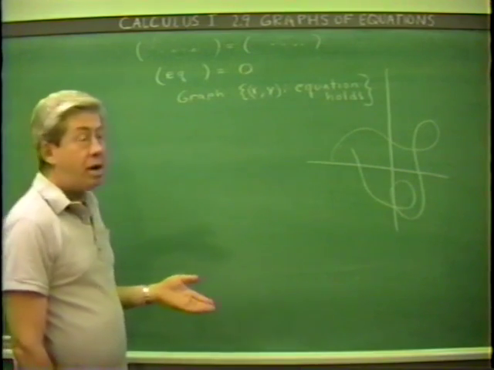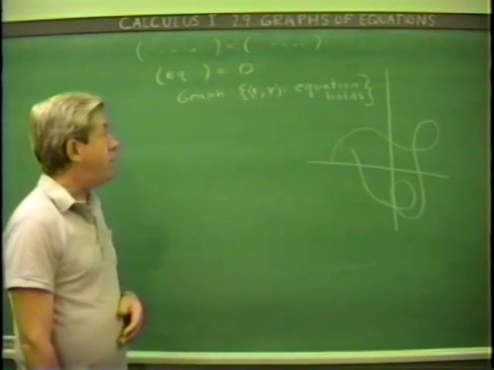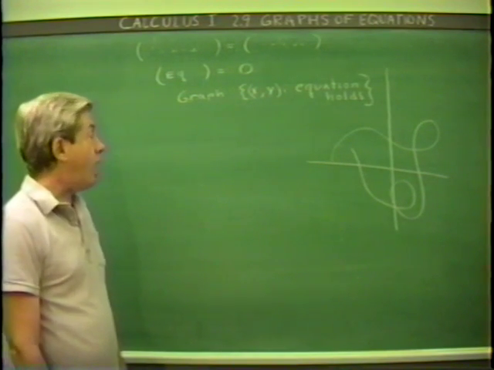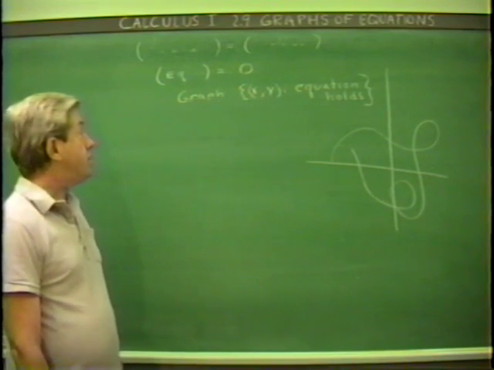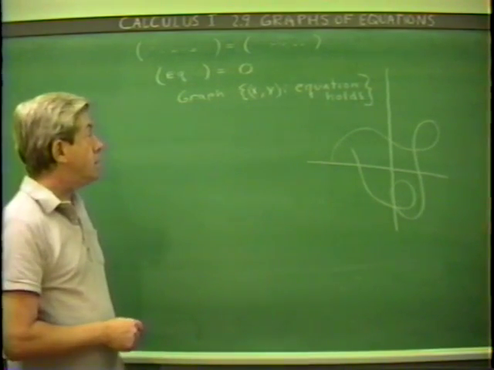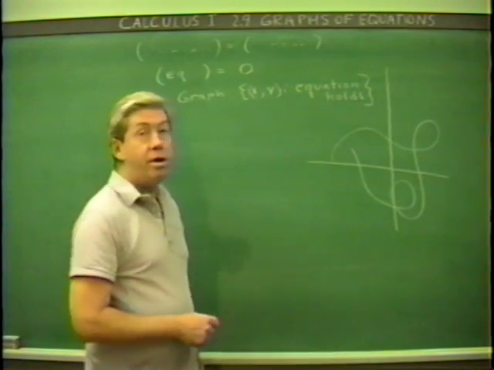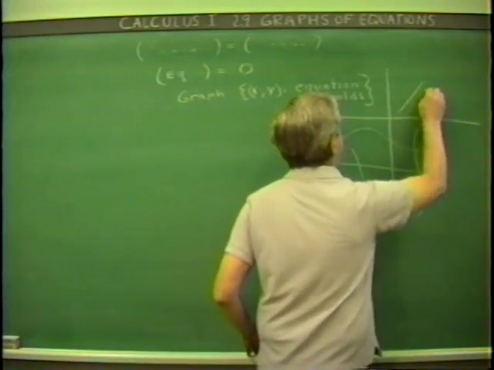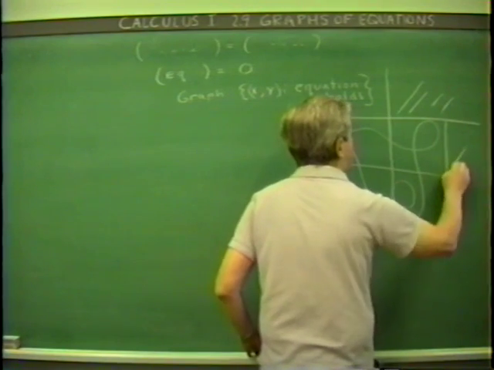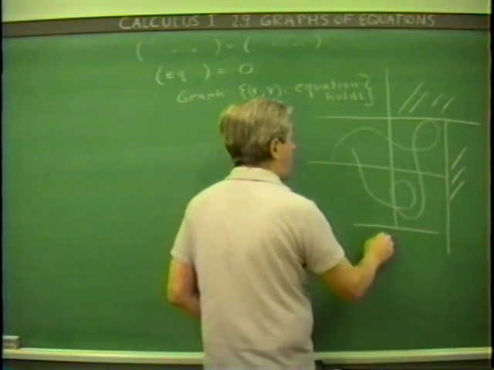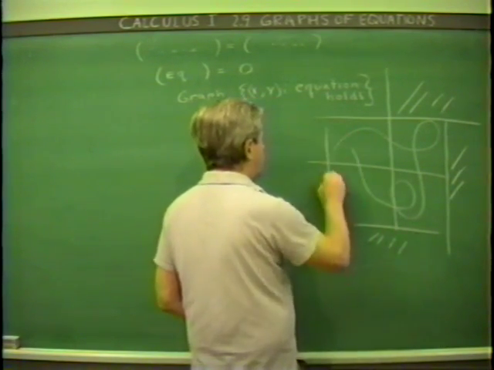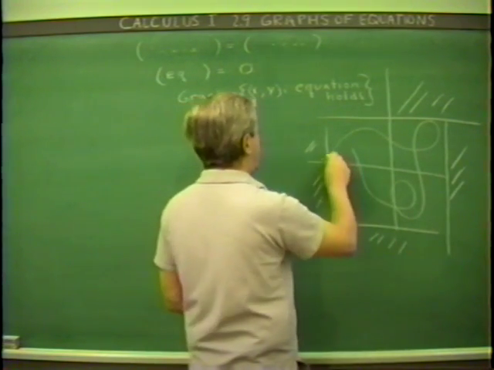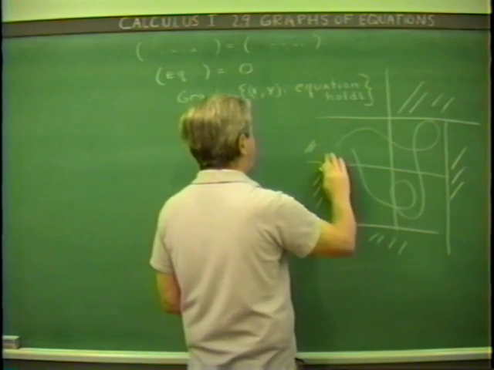We're not going to spend a lot of time at this point graphing equations, but there are several things you can do if you've got an equation and you need to graph it. One of them is to rule out certain areas where the graph doesn't occur. For example, this graph is never up here, or over to the right, or down here. It's located inside of here. It may be that the equation is more complicated and we can't rule out this area.